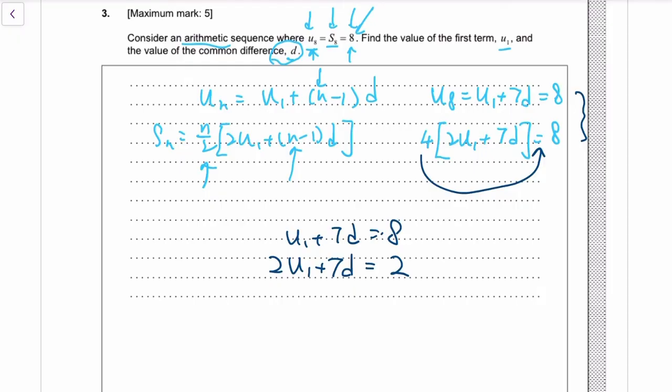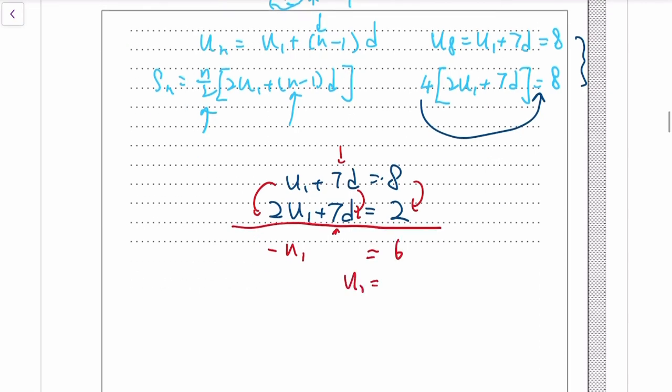All right, we already have 7d and 7d, so we can subtract the top equation by the second equation. So u1 minus 2u1, that's minus u1. 7d minus 7d, that's gone, so d is gone. That's why this method works. 8 minus 2 is 6, so u1 is negative 6.